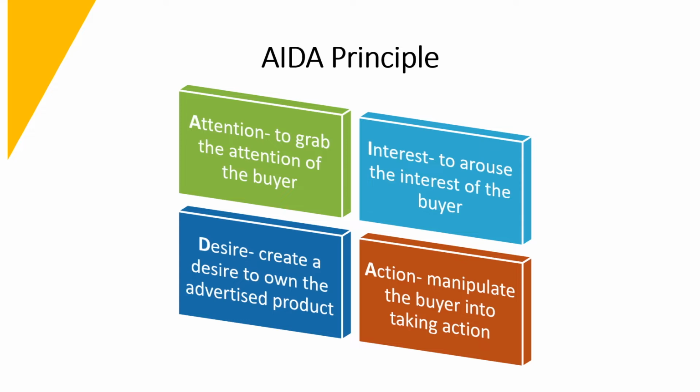The AIDA principle, with the A standing for attention, the I standing for interest, the D standing for desire, and lastly, the last A standing for action, is an acronym that describes the stages of the advertising process, which flows like this: obtaining the attention of the consumer with the advertisement, getting their interest in the product or service being advertised, and that interest is maintained until they feel a desire to own the product, and finally, they take action by buying the product that is being advertised.